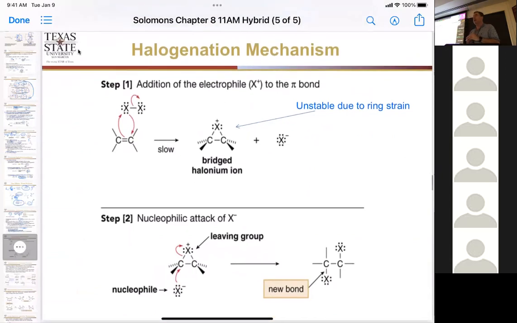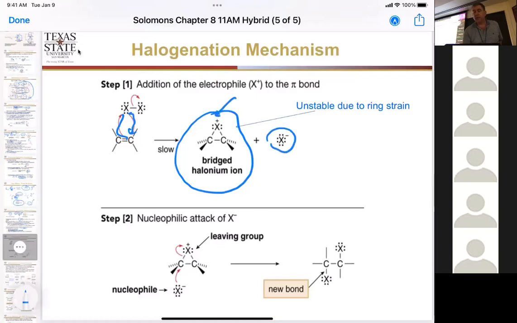Okay, because we have induced this dipole with the system here, two of the electrons from the bromine or the chlorine come down here. These two electrons come up here, and we make this halonium ion. Okay, so that's sitting on top of your alkene. So your halogen came up here, and it's positively charged. Your other part came off as the anion.